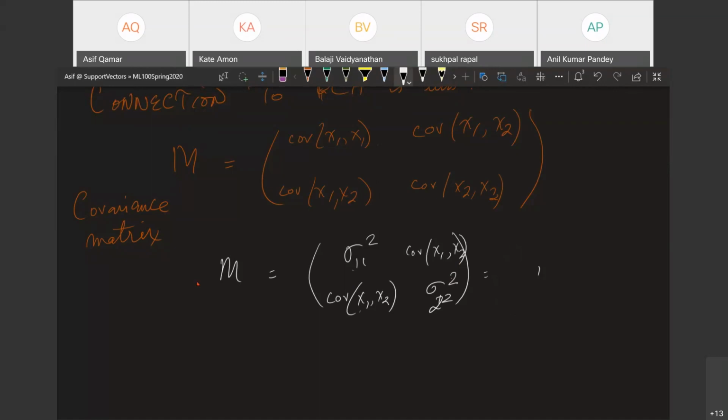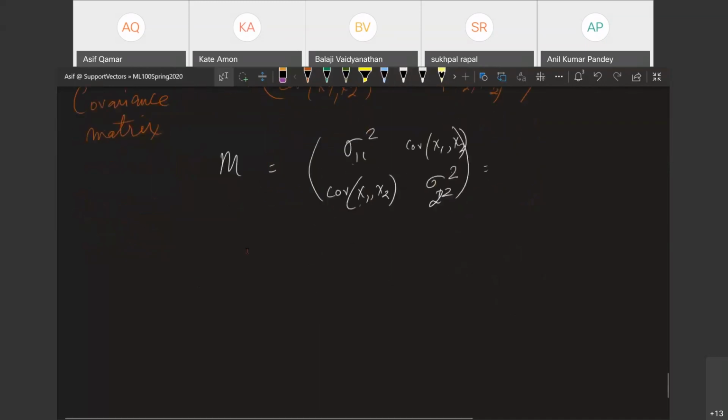What it says is that if you create a covariance matrix and you apply it to data that has no relationship, like random noise, do you see this is random noise, right? Do you see any relationship here, guys? There's no relationship, right?